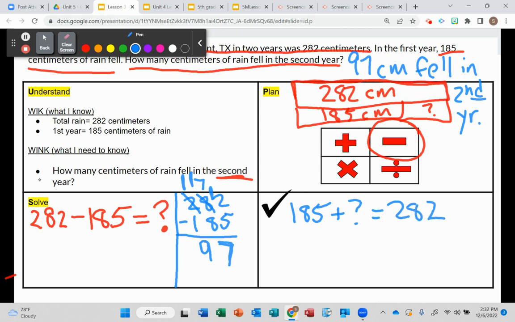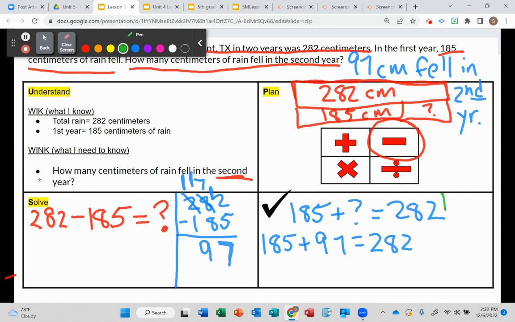Now, from our math, we can assume that 97 is year 2, right? So I know that if I take 185 plus 97, that should equal 282 if I did my math right. So let's go ahead and solve and just make sure that that is correct.